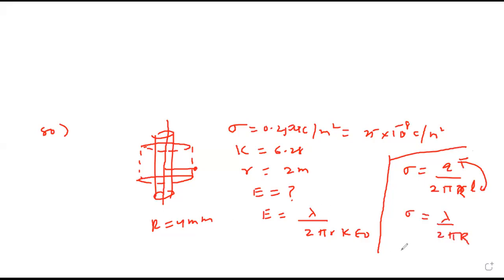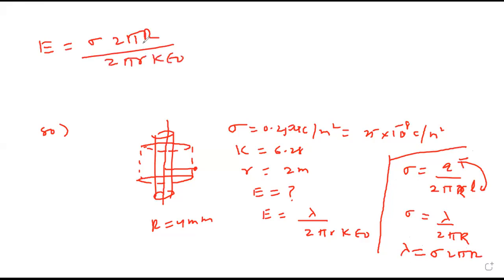So in place of lambda, can I say sigma into 2 pi R? Yes, sir. So my E will become sigma 2 pi capital R upon 2 pi r k epsilon naught.